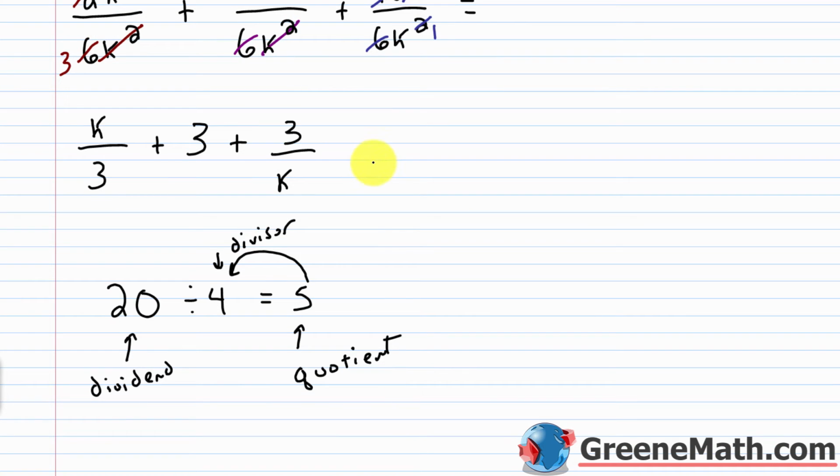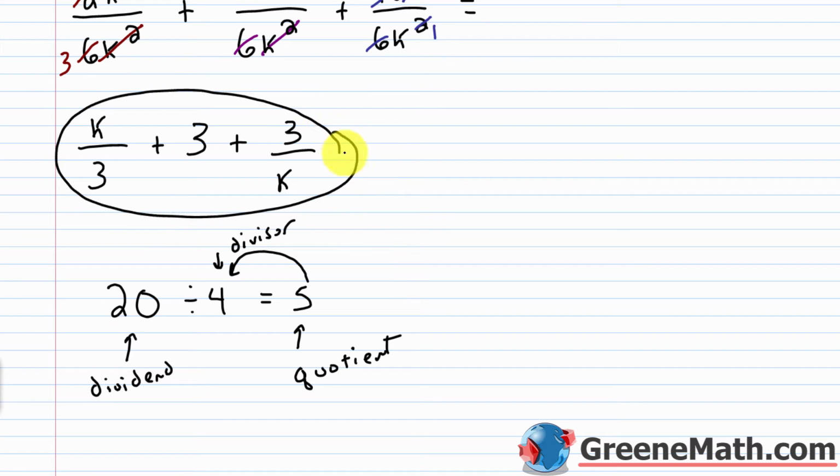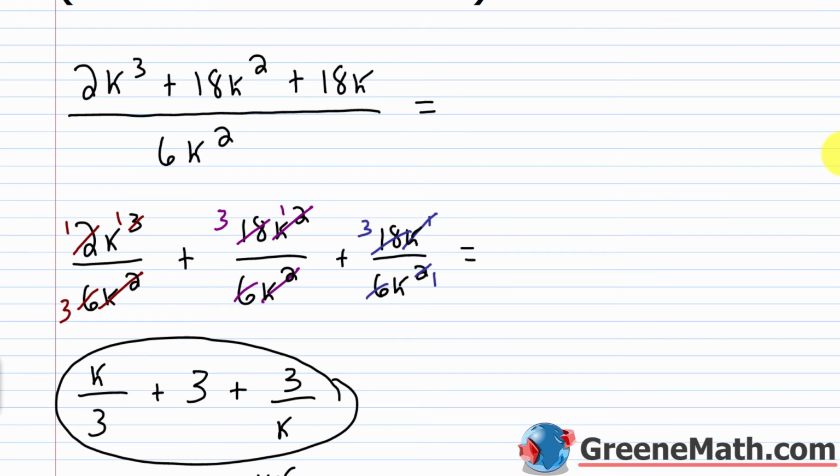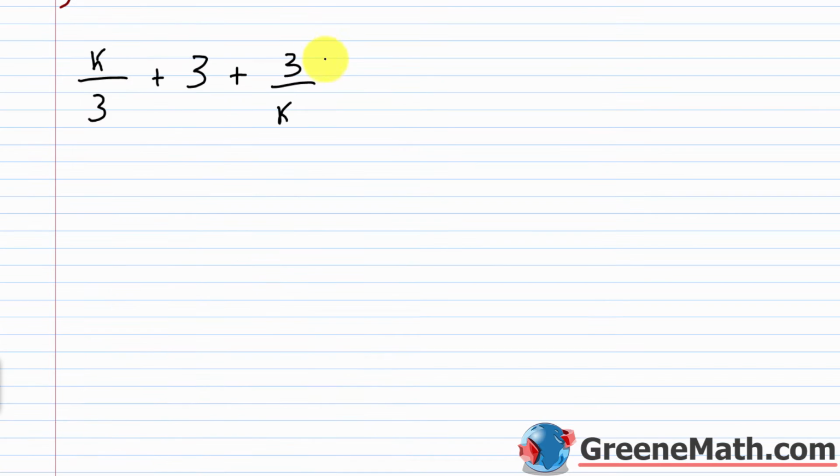So in this particular case, this is our quotient. So I should be able to multiply this quotient by our divisor. Remember, the divisor is 6k squared, and then I should get the dividend back, the 2k cubed plus 18k squared plus 18k. So let's check that out. Okay, so I'm going to multiply this guy by 6k squared.